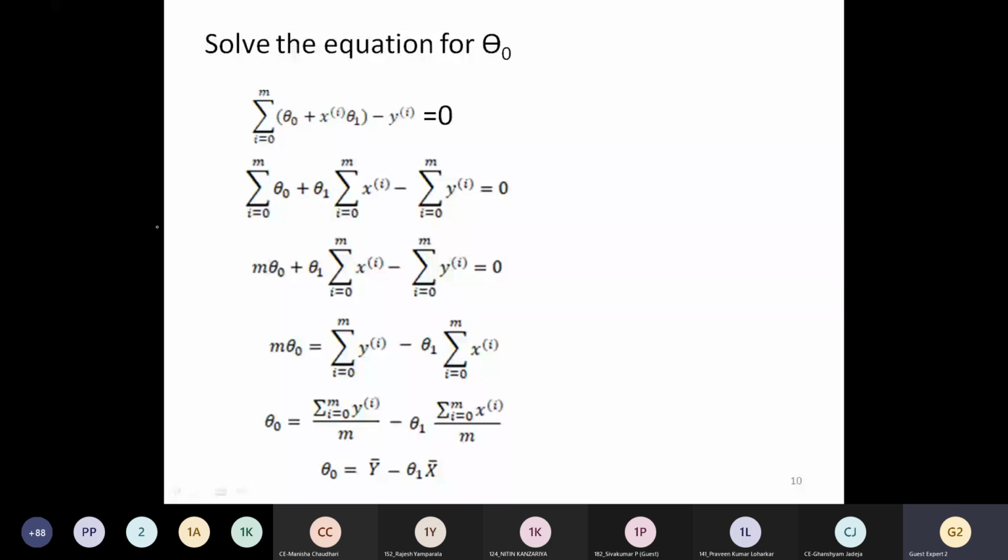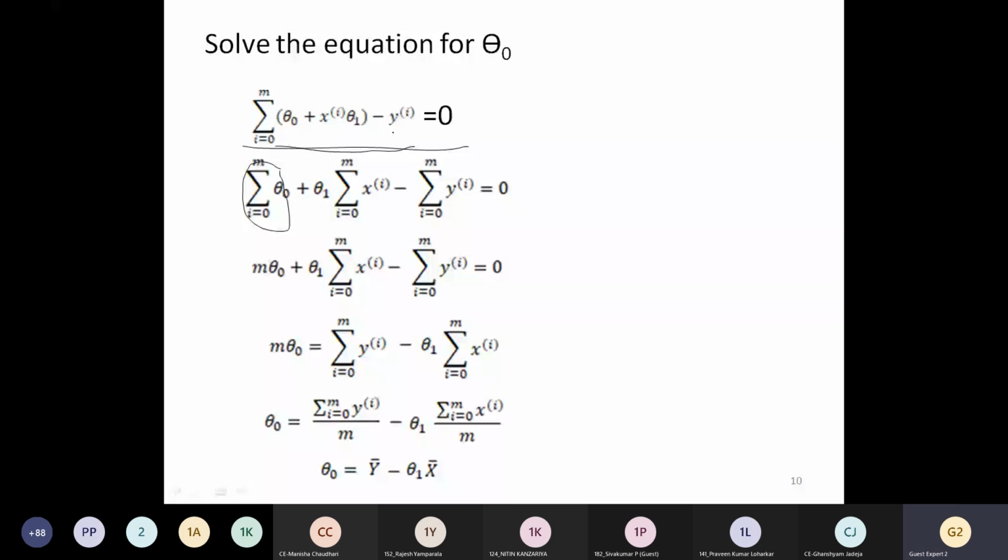So this is our first equation, that is sigma of theta 0 plus xi theta 1 minus yi is equal to 0. Here I am separating my terms. So sigma theta 0 plus sigma xi theta 1 minus sigma yi.